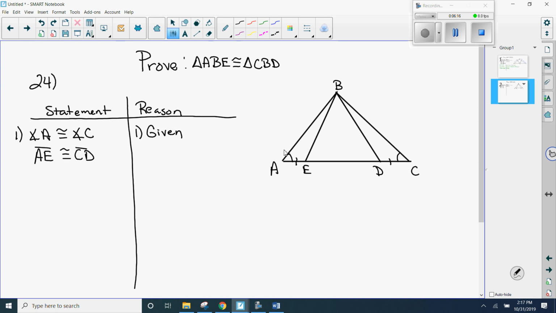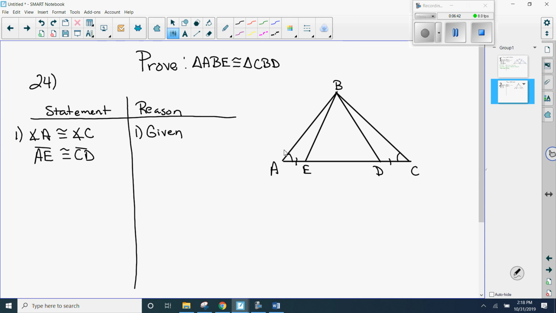So the two outside triangles. What are we going to use? Sometimes I think of it as like name that tune. I can do this proof in two steps. Side angle side.